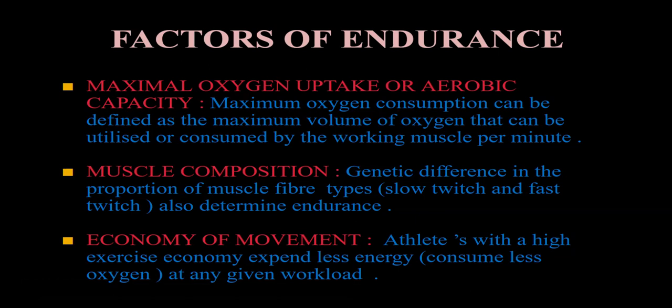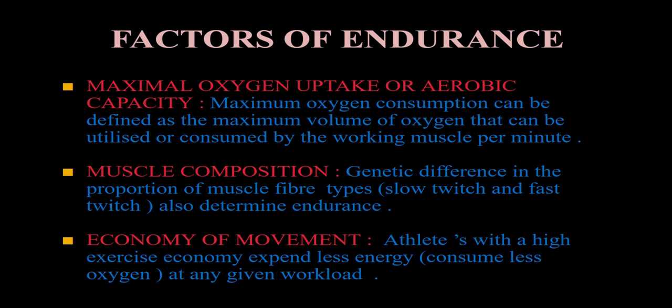Elite endurance athletes generally possess a high percentage of slow twitch muscle fibers in their muscles. A high correlation between slow twitch muscle fibers and endurance performance has been reported in both running and cycling.